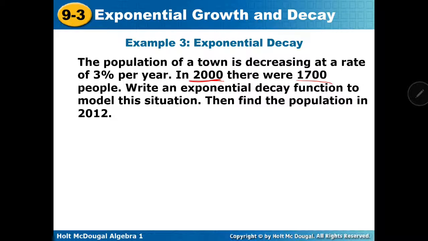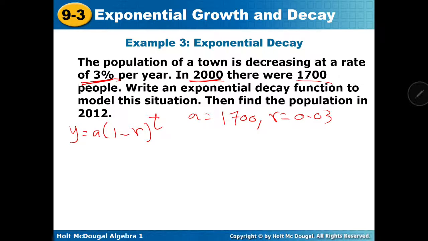Alright, remember that the function will be y equals a multiplied by (1 minus r) power t. So a is 1,700. r is 3%, that means 0.03.